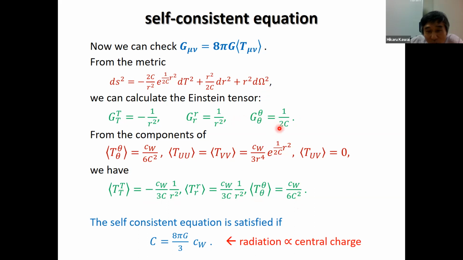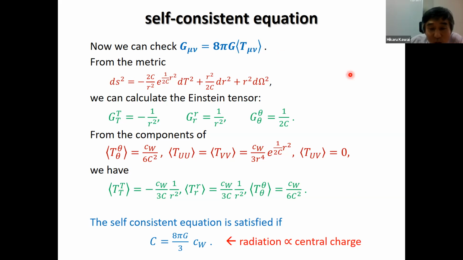And the overall constant is 1 over 2C and this one. These three match if capital C is proportional to this one multiplied by 8 pi G. So if we take capital C in such a way that this equation is satisfied, then the self-consistent equation is satisfied.